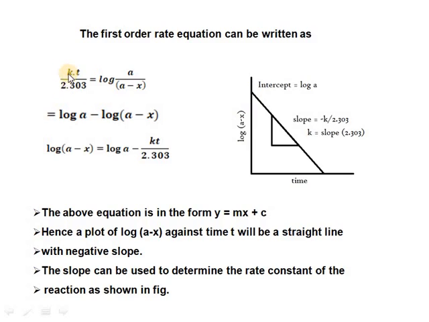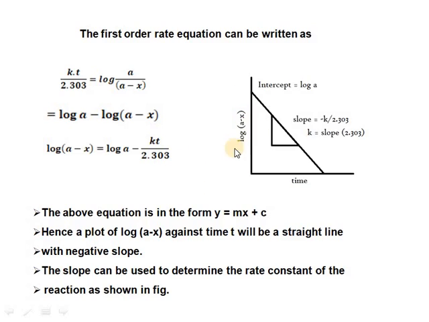Kt upon 2.303 is equal to log to the base 10 of A upon A minus X. So this equation can be rewritten as log A minus log of A minus X, and therefore log of A minus X is equal to log A minus Kt upon 2.303.